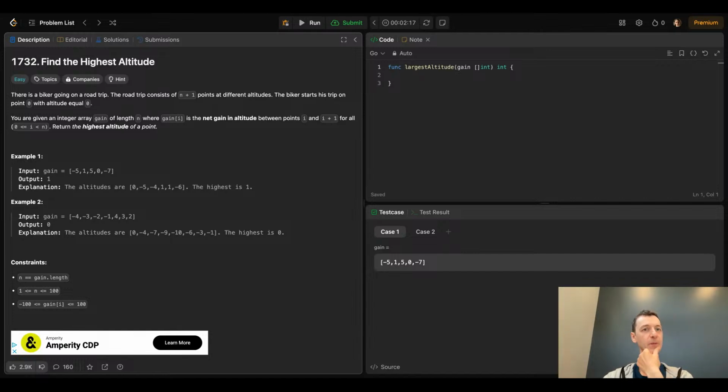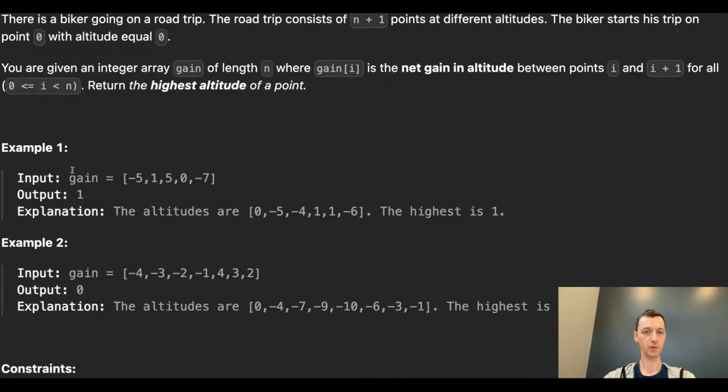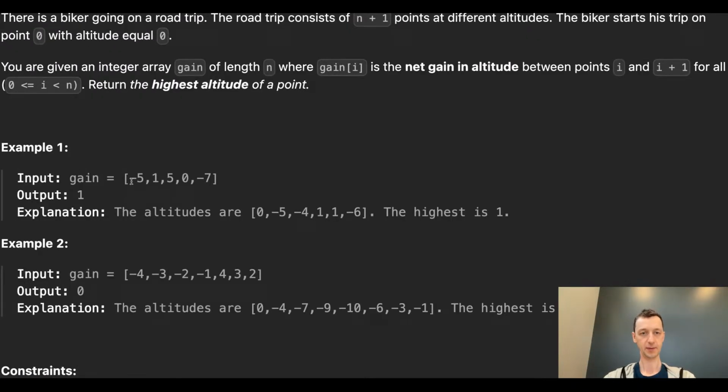With altitude 0, the net gain in altitude between points. Okay, so between 0 and that point, the net gain is -5. Oh yeah, wait, hold on. This is the input, and this is what happens to the altitude. So we were at 0, then we are at -5 because you deduct 0 minus 5.